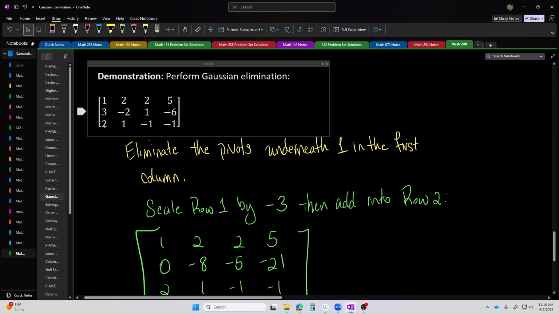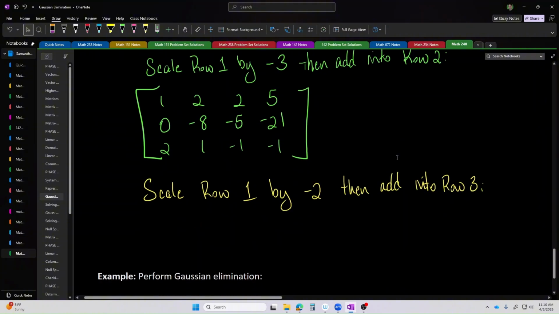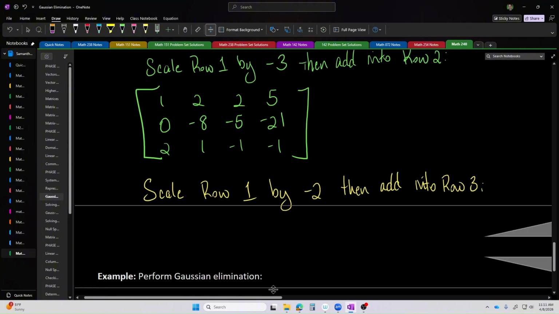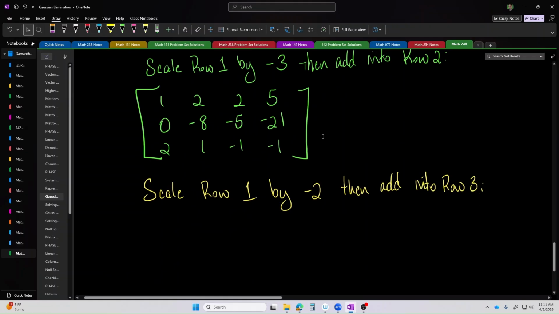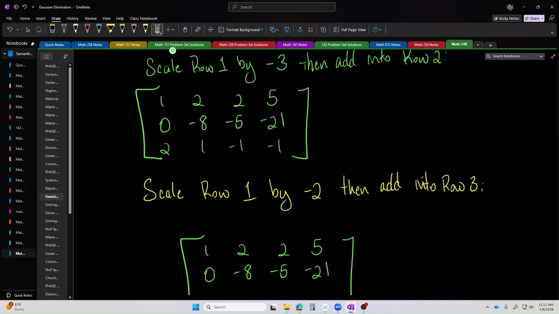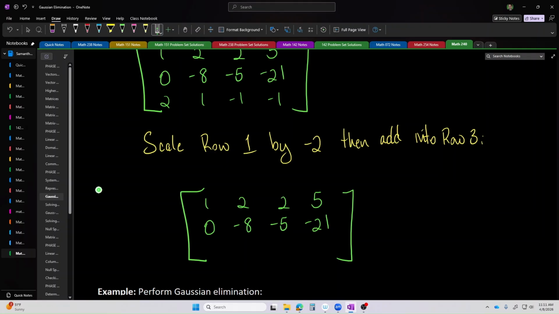So this will eliminate the pivot from that position, effectively canceling and eliminating the x's from the system of equations. So if we perform that action of scaling the first row by minus 2 and then adding those values into row number 3, this 1 times this minus 2 plus this positive 2 gives me 0 as desired.